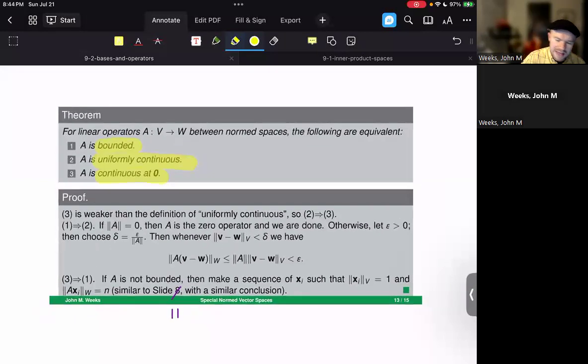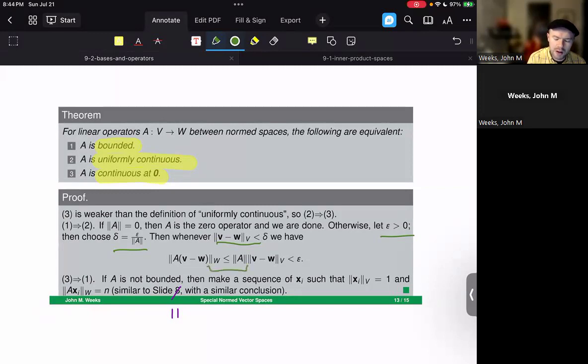Otherwise, you let epsilon be greater than 0, and we're going to show uniform continuity. The way we show that is we start by taking 2 vectors inside of our domain space that are within delta of each other, and eventually hope to show that in y values they are within epsilon of each other. So we'll start by fixing epsilon to be greater than 0, and we're going to choose delta to be equal to epsilon divided by the norm of the operator A that we're defining.